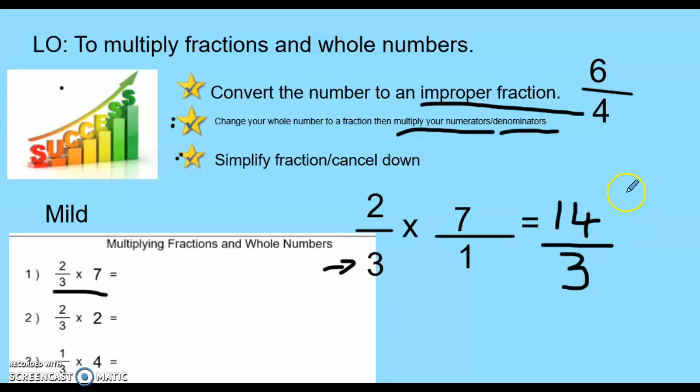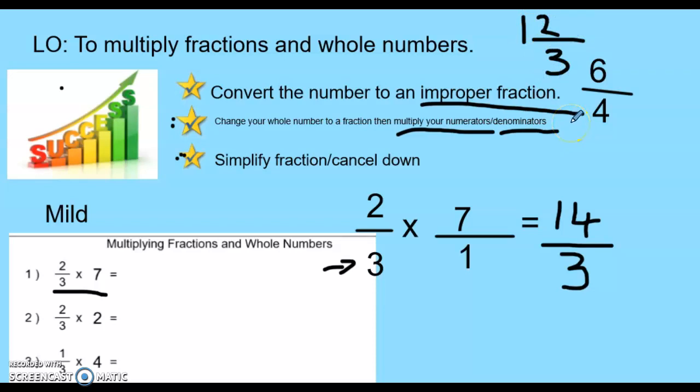Now that's an improper fraction because the numerator is bigger than the denominator. So my next step to success is to simplify the fraction, turning an improper fraction into a mixed number. A mixed number is when you have a whole number and a fraction, like 1 and 2/3.